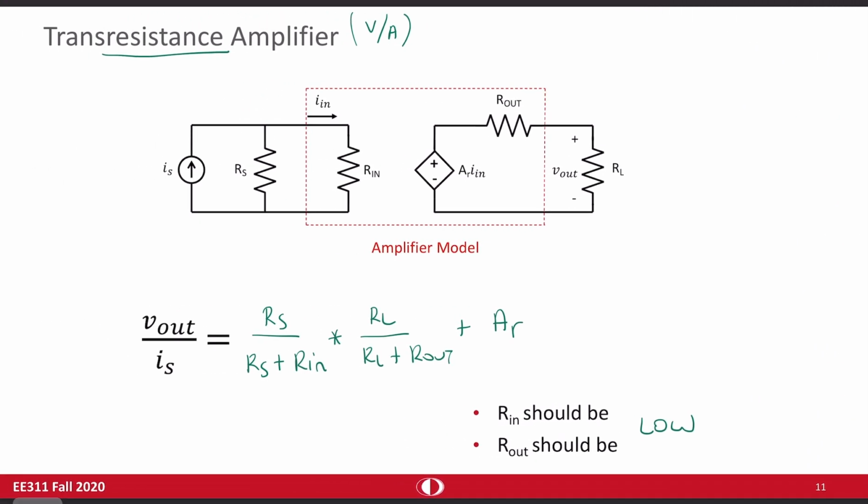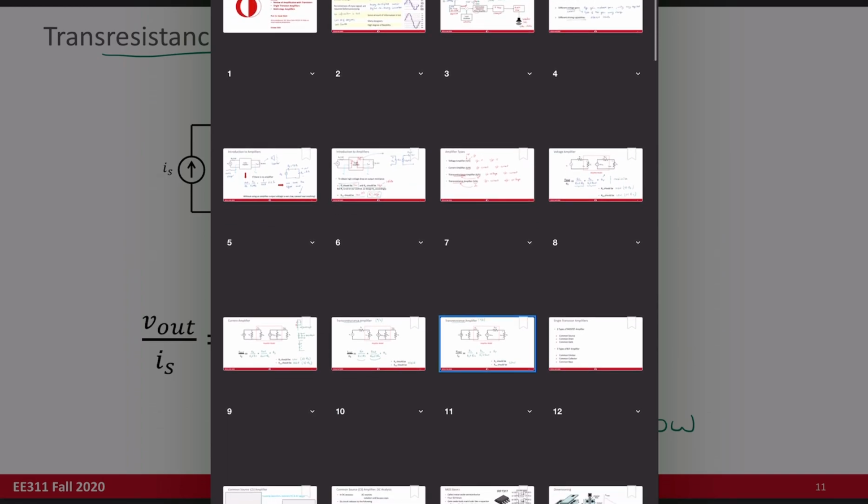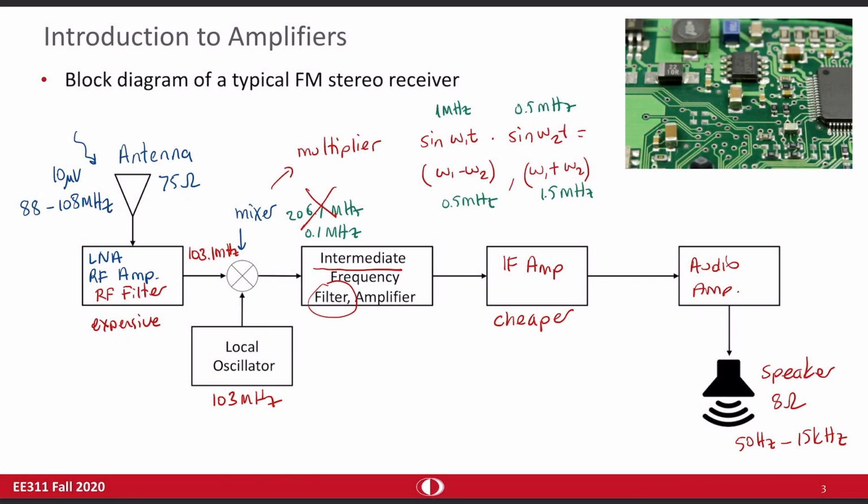Okay, so I'm going to talk about a different thing in here. Let's go back to our previous example, the radio receiver. At the input, we had like 10 microvolt.